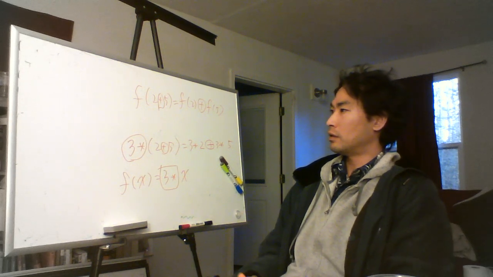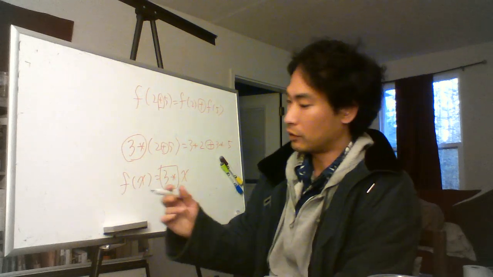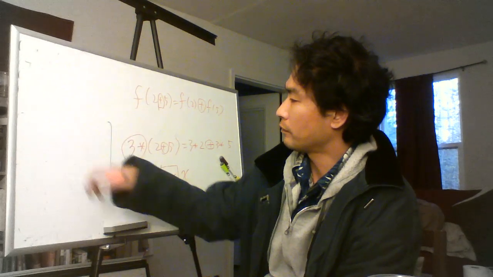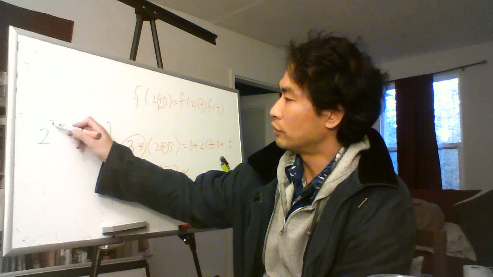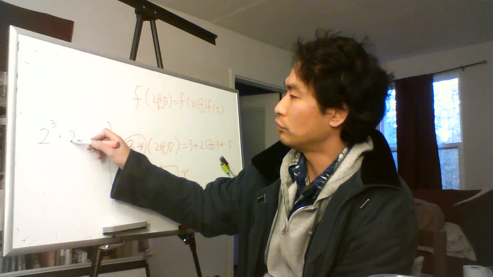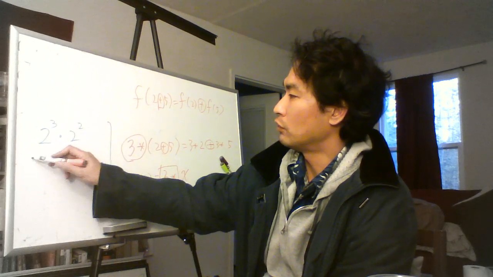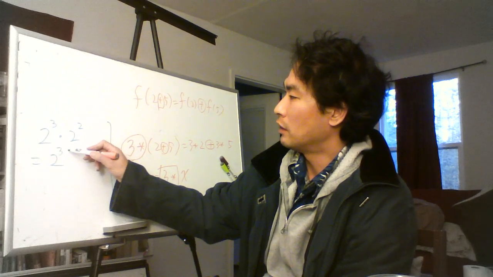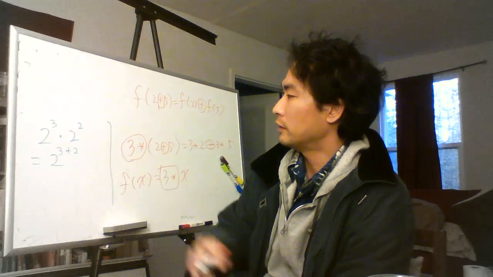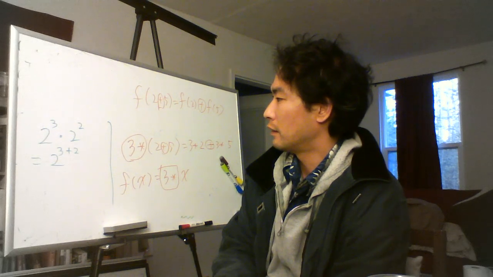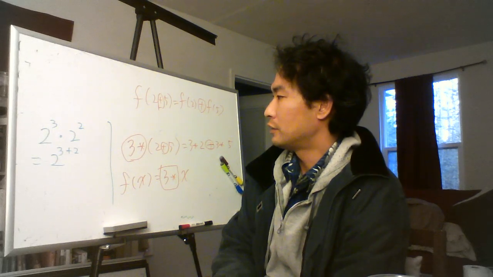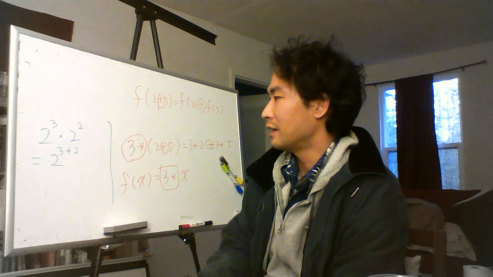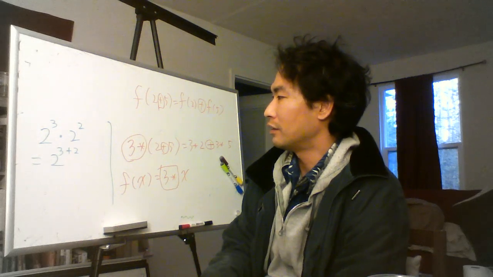Let's think of another instance, right? 2 to the third multiplied by 2 to the second is equal to 2 to the 3 plus 2, right? So it's kind of homomorphic a little bit.